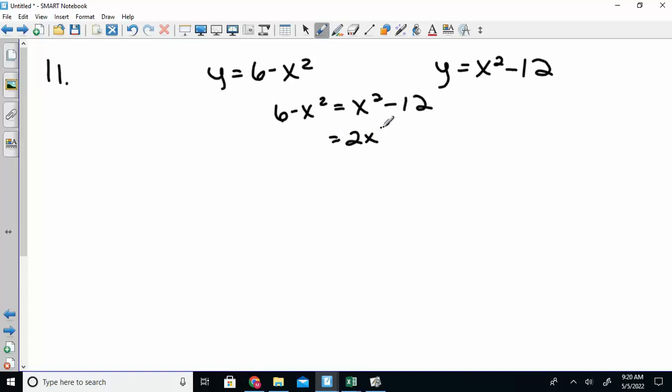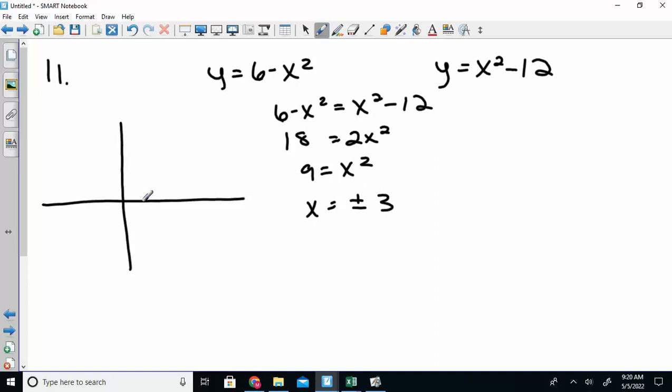So if I add over my x squared, add over my 12, divide by 2, square root plus and minus, so x is positive and negative 3. That's where I need to start and stop.